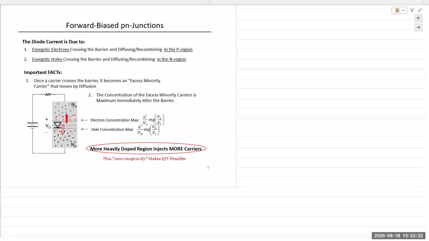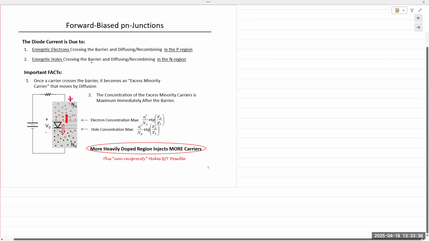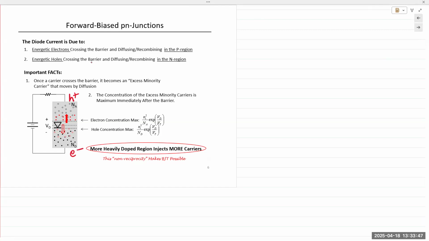Okay, so let's look at what happens in forward bias. In forward bias, N-type material is connected to the negative terminal and P-type material is connected to the positive terminal. So here we have holes, here we have electrons, right? N-type and P-type. And so now they are pushed towards the junction.